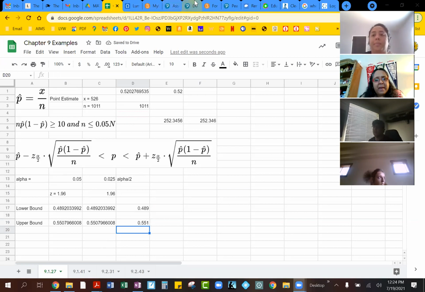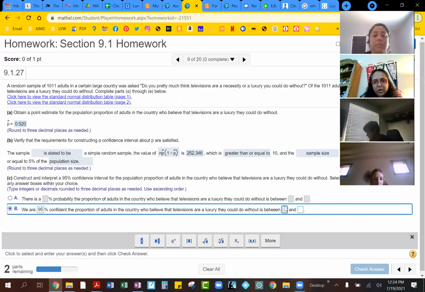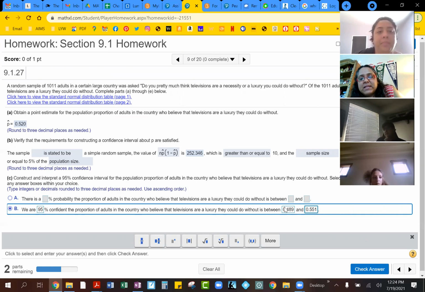So those are going to be our bounds, 0.489 and 0.551. So we're basically saying that we are 95% confident that the proportion of adults in this country who believe that televisions are a luxury that they can live without is going to be between almost 48.9% to 55.1%. So remember, the confidence level is different from the probability.